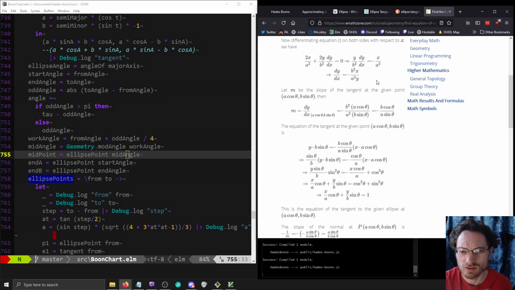Equals b squared, equals b squared a cos, equals b cos? Right, because it's all just multiplied. There's a b and a b and an a and an a. But that's the slope.